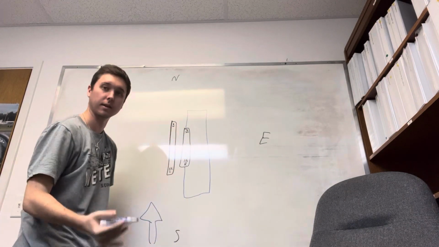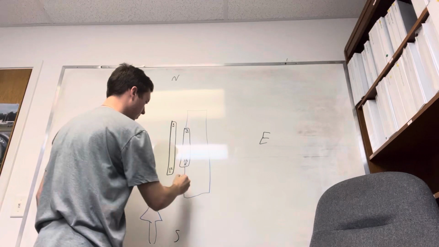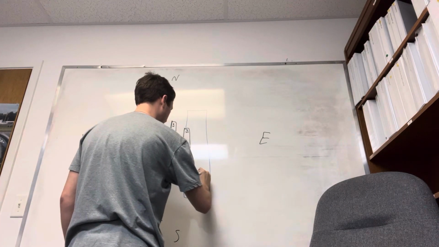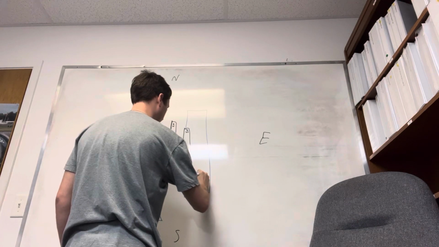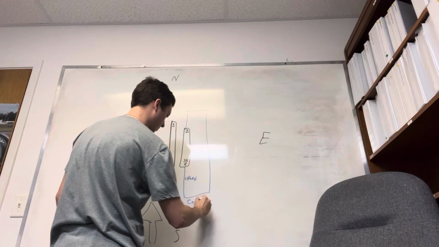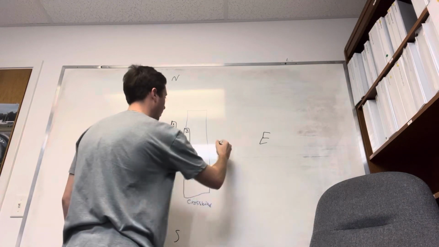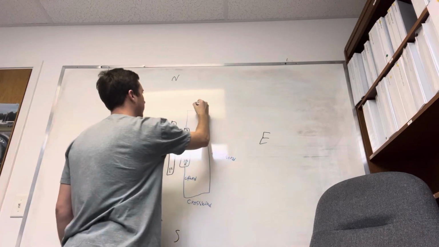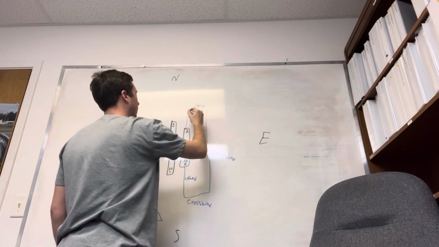So I'm going to go ahead and label those. We have upwind, crosswind, our downwind, our base leg, and our final.